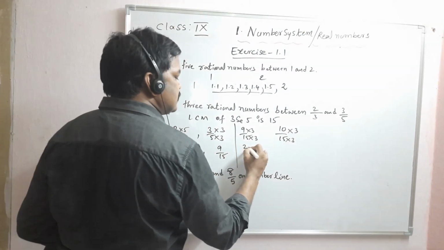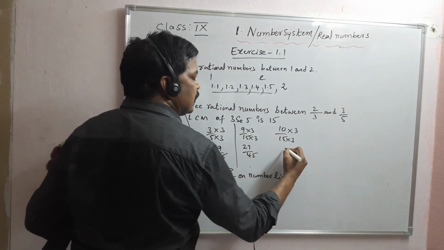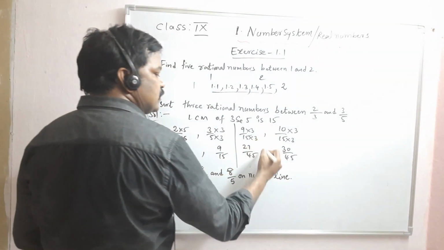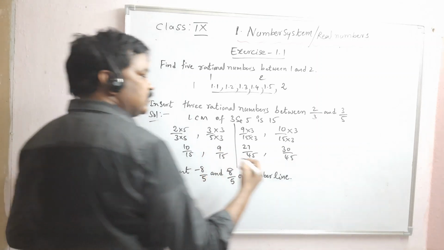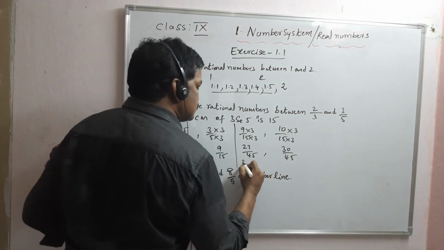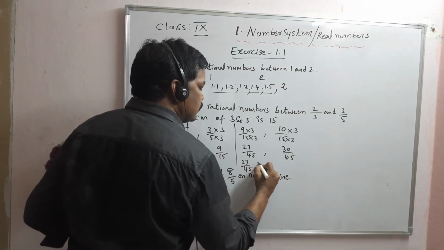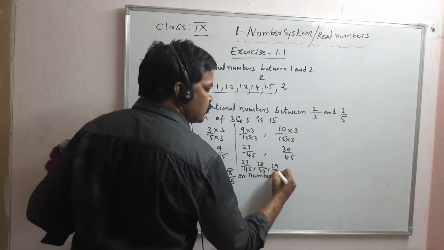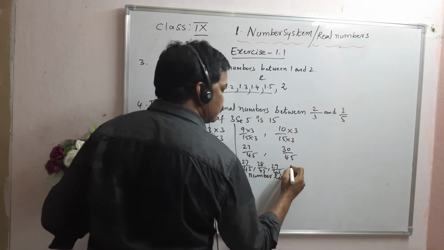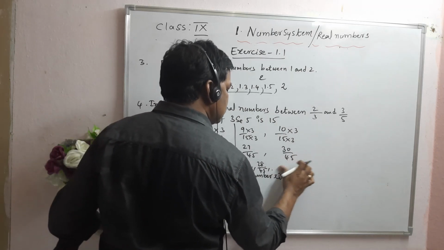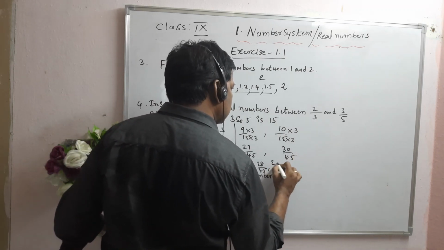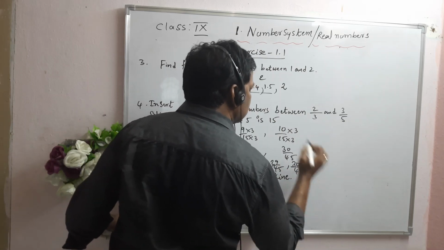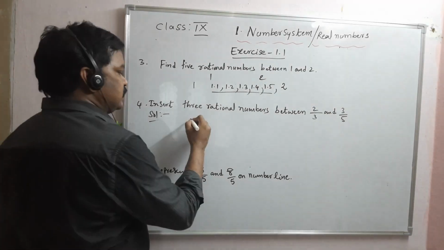That means 27 by 45, and here 10 threes are 30 by 45. So between 27 and 30, what are the rational numbers here? 28 by 45, 29 by 45.